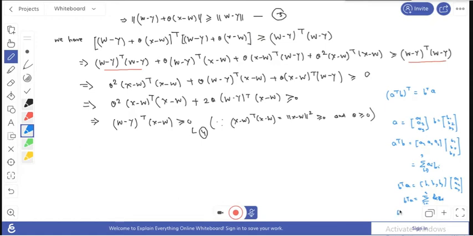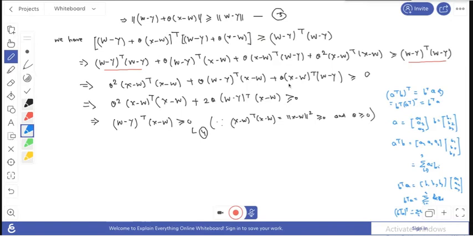And if we take B transpose A whole transpose, this equals the summation of AI BI, I equals 1 to 3. Or you know that for any vectors, A transpose B whole transpose equals B transpose A transpose transpose, that is B transpose A. So that's why these two are equal.